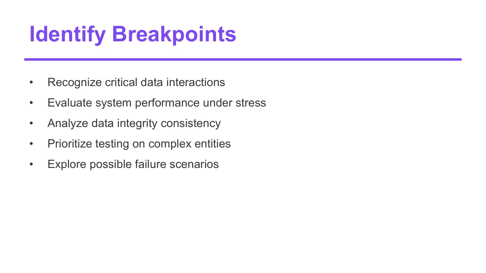Testing efforts should focus on the more complex entities within the system, as they tend to have intricate relationships and higher risk of issues. Finally, it's essential to explore possible failure scenarios extensively, so we can foresee where things might go wrong and develop test cases that address those risks comprehensively. This approach helps us prioritize our testing effectively and maintain confidence in the system's stability.